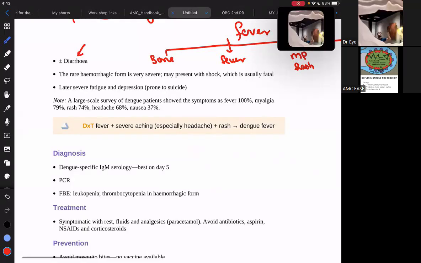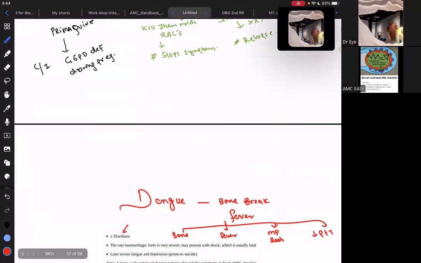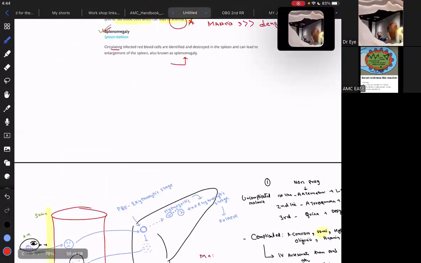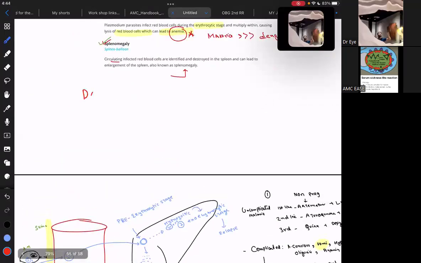Please remember this, okay? Before that, I just want to mention the diagnosis of malaria. If they talk about the diagnosis of malaria, you can go for the CBC, and you can go for the peripheral blood smear.